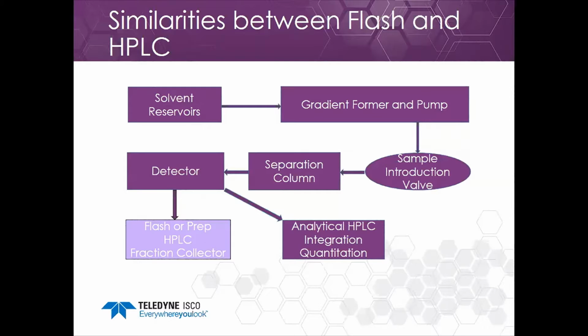Then the compounds are going to undergo separation on the column, and once separated, they go through the detector. If you're doing flash or prep HPLC, that detector is going to trigger fraction collection. If you're doing analytical HPLC, then you're going to do integration and quantitation of your sample to evaluate the efficiency of the separation and the purity of your compounds.